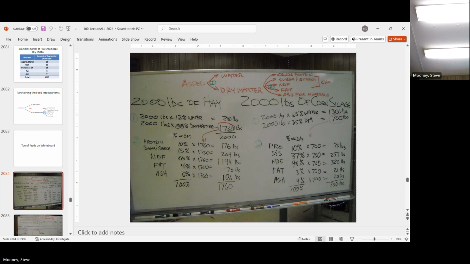NDF. 1,144. Does everybody agree with him? Fat is what?